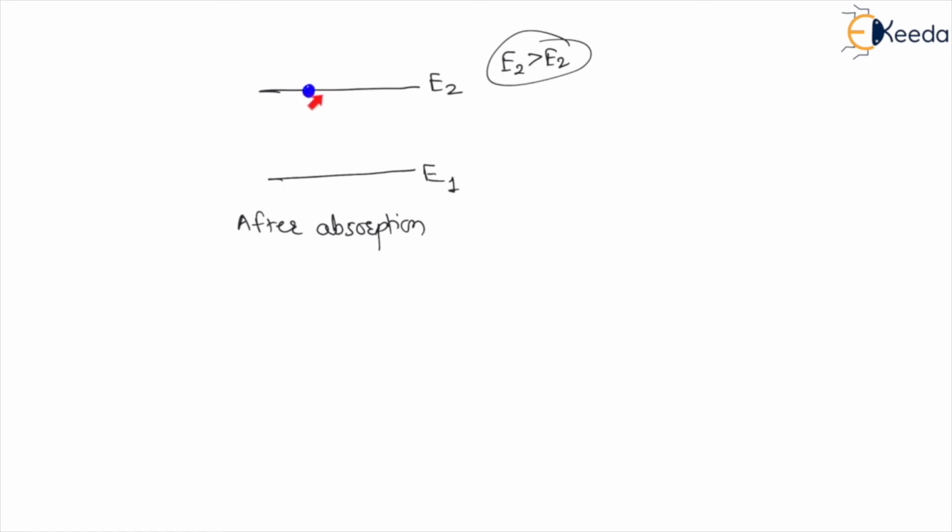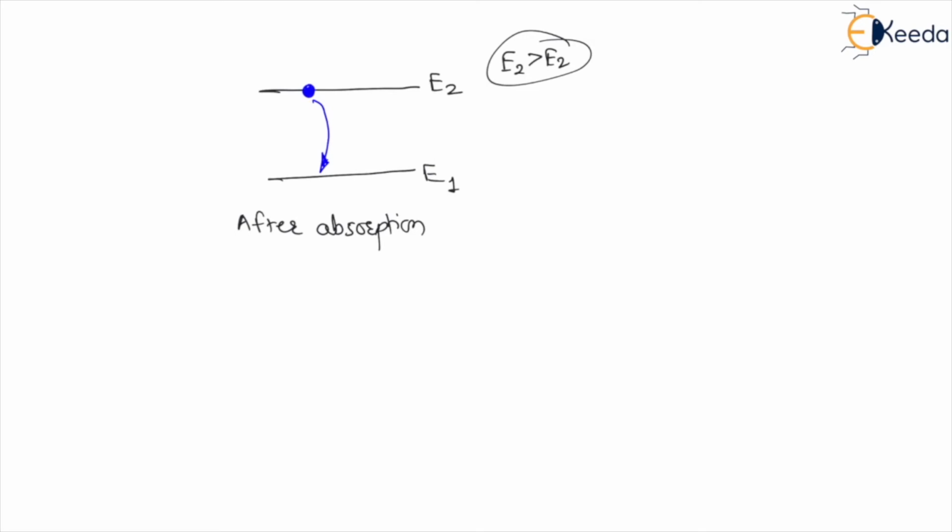Therefore this atom or electron will try to travel towards the low energy level, and this travel is by two ways. There may be spontaneous emission or there may be stimulated emission. Now what is this exactly, we will understand. So my dear students, this is called emission.